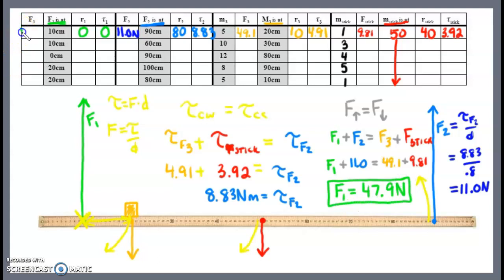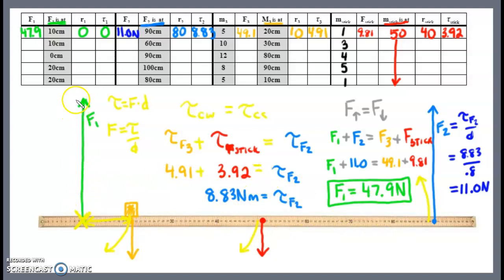So 47.9 is the force of F1. And again, if I wanted to double check that, I could choose another location and run the numbers again, figuring out the torque for F1 to see if I got the same answer.